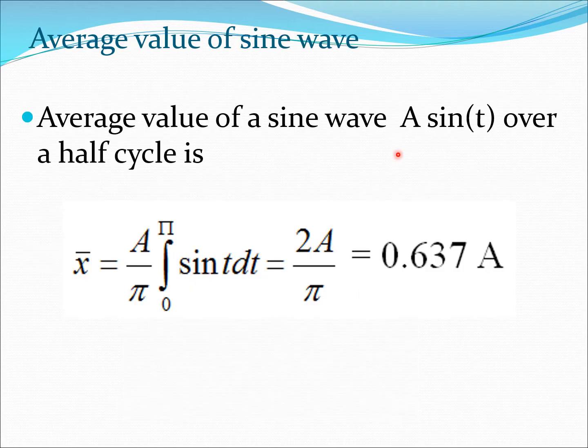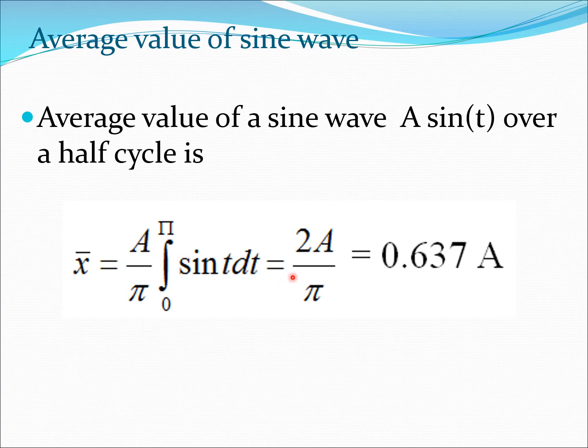Suppose I take a sine wave, A sine t, which is a very typical and simple form of vibration, and we consider a half cycle which is 0 to pi. Then from the definition I would have A by pi, integral 0 to pi sine t dt. A is a constant, so I have brought it out of the integral sign.